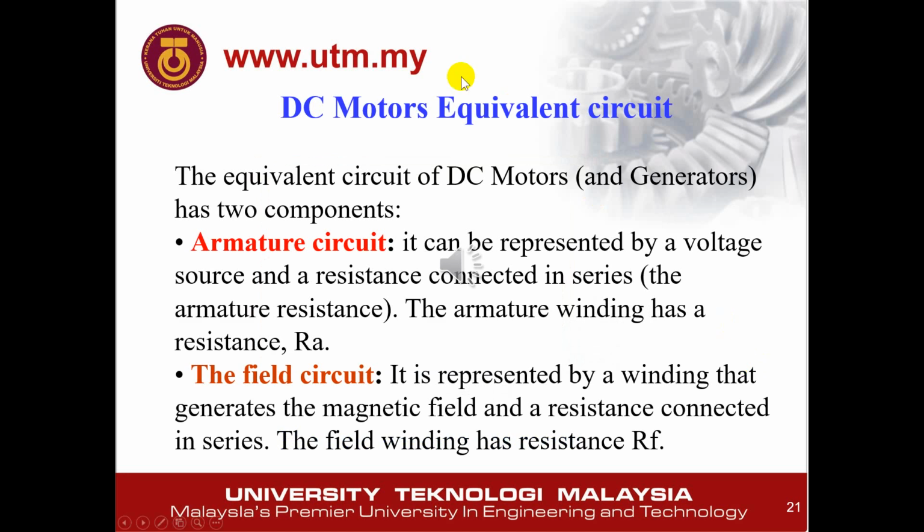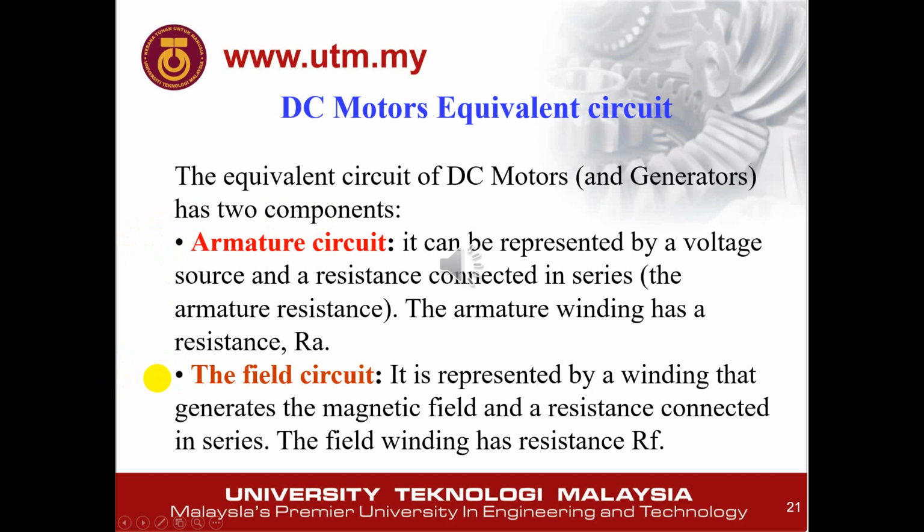The equivalent circuit of a DC motor will usually not be asked. But you have to know that there are two circuits in a DC motor, generator or DC machine: the armature circuit, which is located at the rotor, and the field circuit, which is located at the stator.